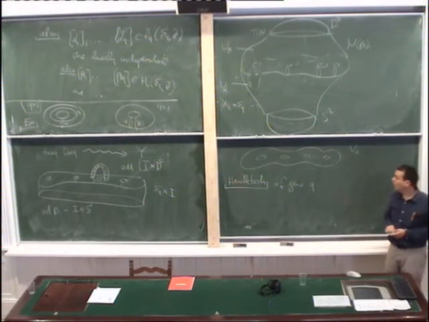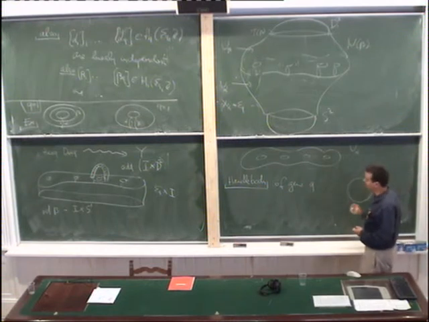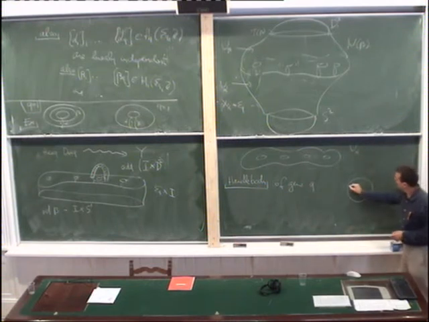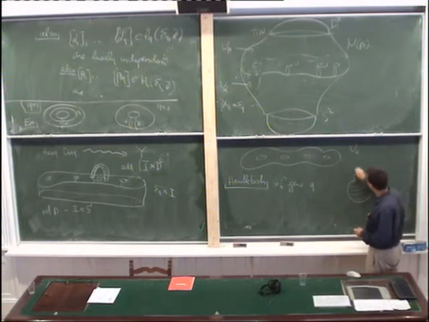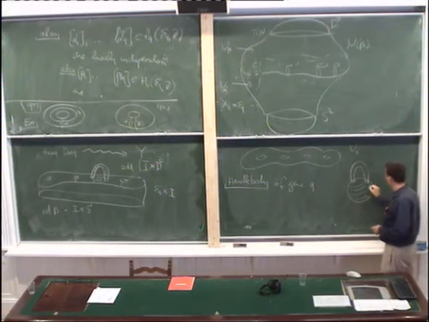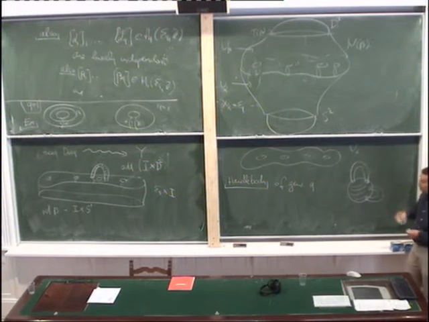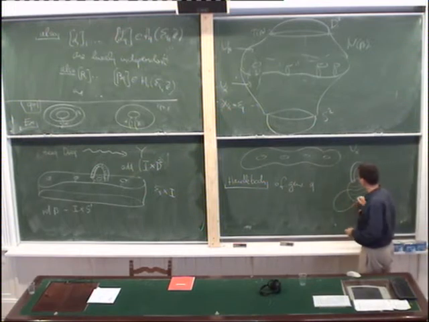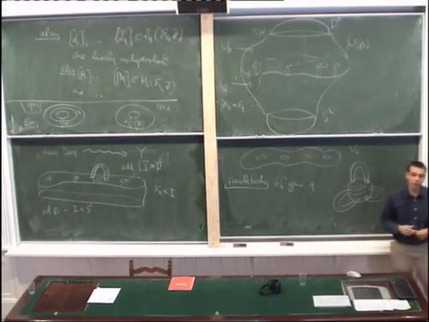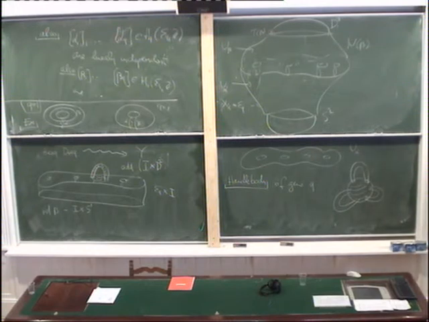Or if you don't like this picture too much, just take a ball and to that ball attach arcs and then make them solid, right? And if you do this g times, that's also a genus g handle body.